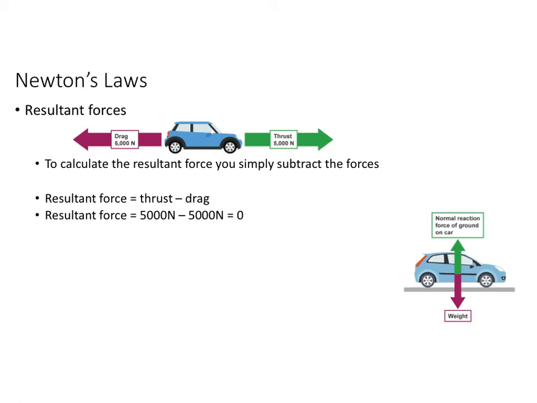Okay, so let's look at this example at the bottom. Let's say the weight of the car is 2,000 newtons. The normal reaction force is 2,000 newtons, but we need to say that down is positive in this case. So the resultant force equals the weight added to the reaction force.